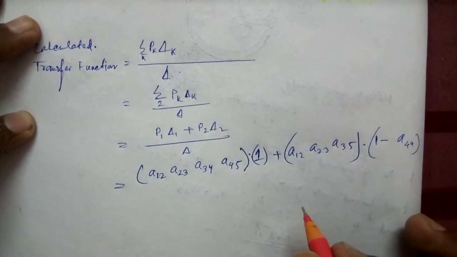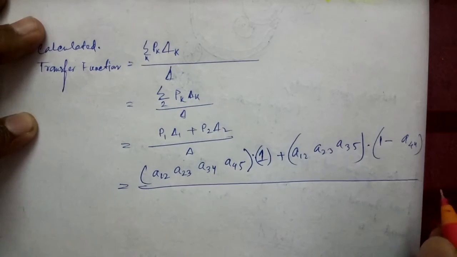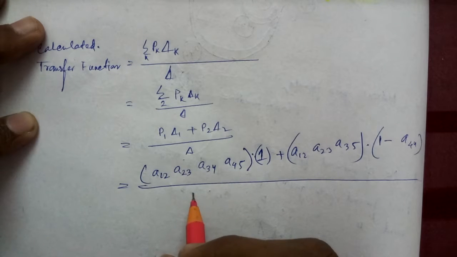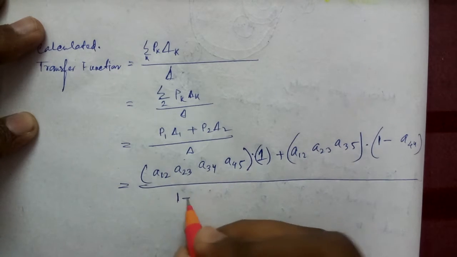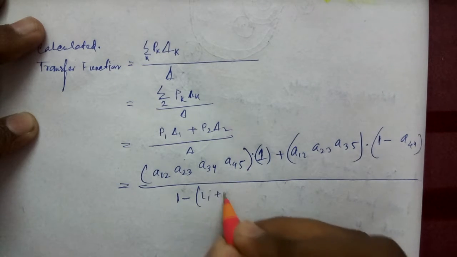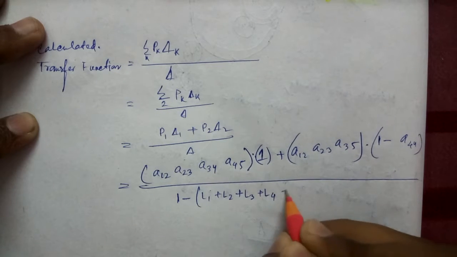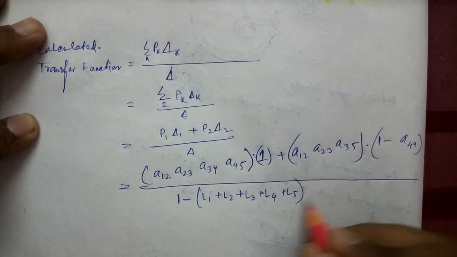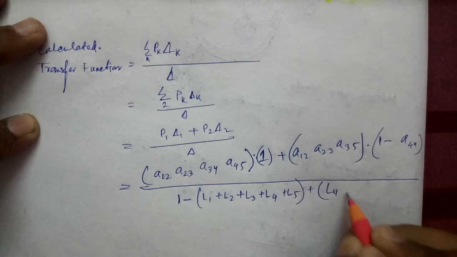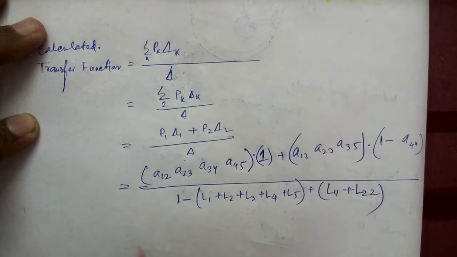Now by the delta value we have calculated, 1 minus L1 plus L2 plus L3 plus L4 plus L5 plus L11 plus L22.